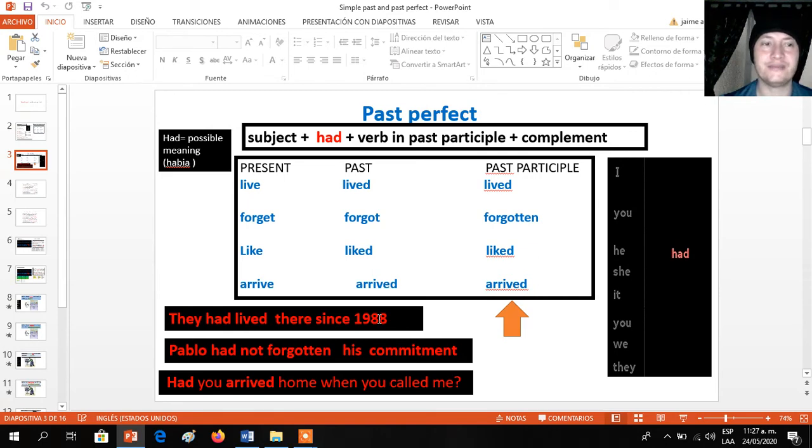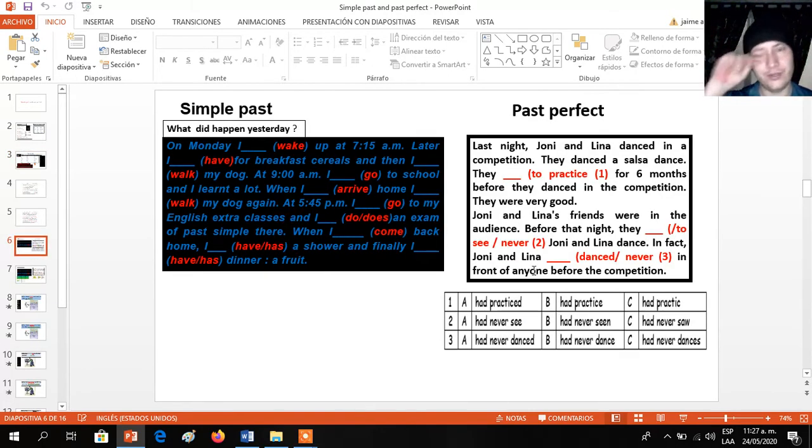Alright, guys? It's time right now to practice. Look at this. I will give you those texts. You have to choose the correct answer here. In number one, in the blank part, you have to complete it with the verb in past, only in simple past.